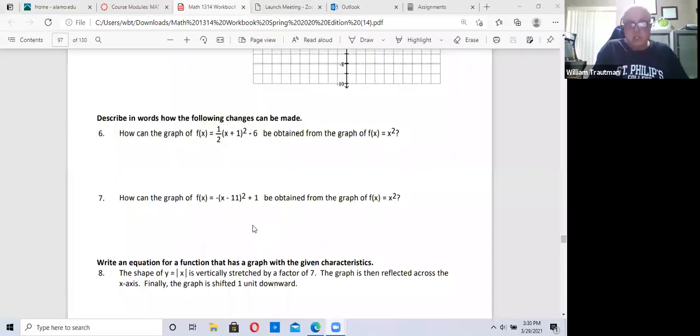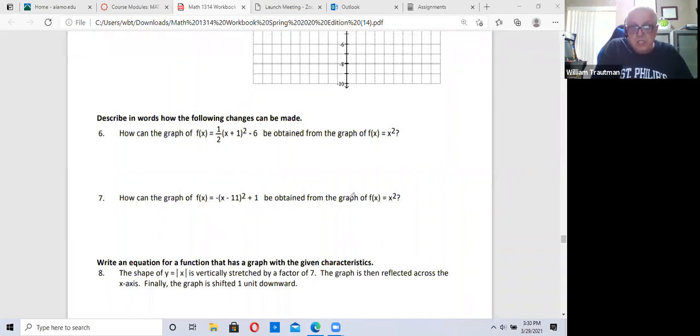All right, so let's take a look at this next one, number 7. Here's the x squared. The +1 makes the graph go up. The minus on the inside makes the graph go to the right. And the negative in front of it flips it on the horizontal axis.